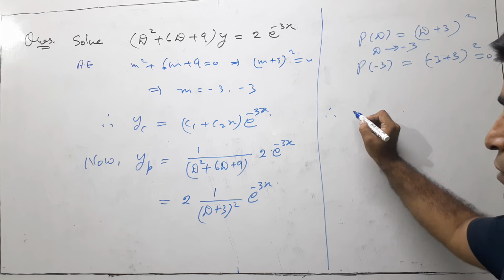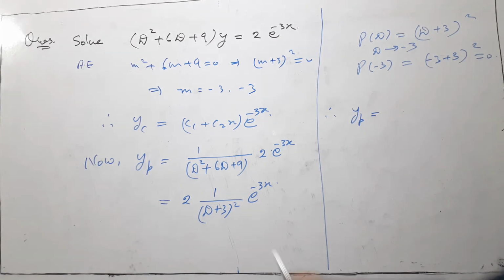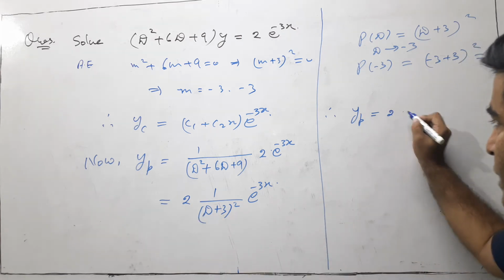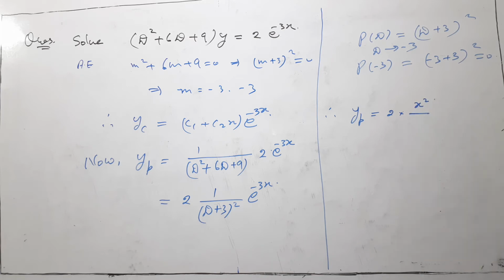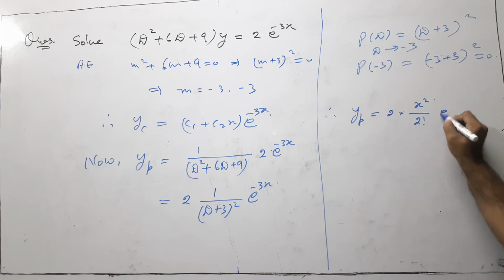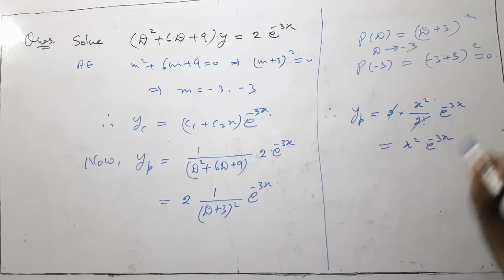Therefore using the formula, here k is 2, here 2 is as it is, and k is 2 means we take here x^2 into 2 factorial e to the power 3x. 2 cancels out, this is x^2 e^(3x).